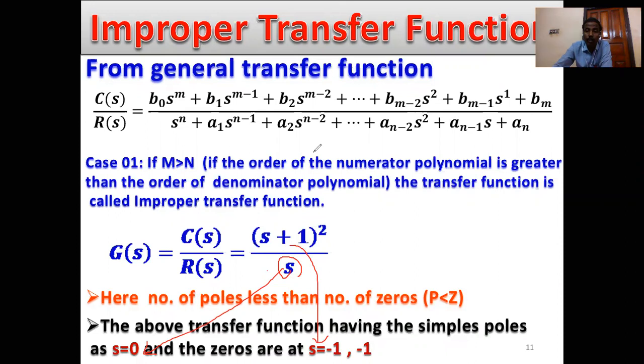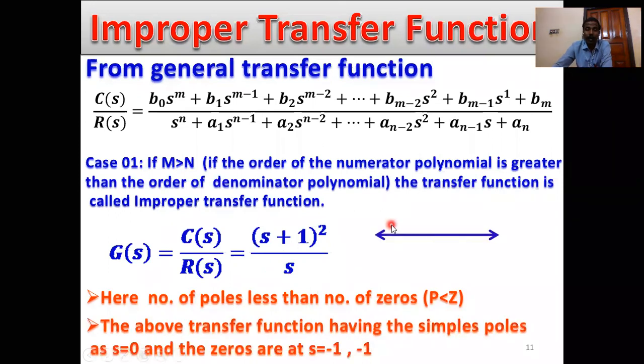And what is the pole-zero location? What is the pole-zero concept? Suppose this is the real axis and this is the imaginary axis. Put this pole first, s equal to 0. This is the s equal to 0 position, one pole at s equal to 0.